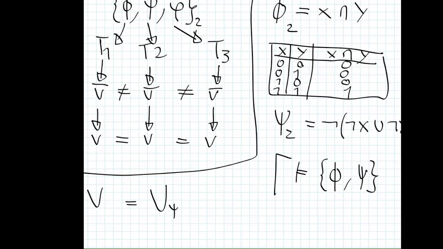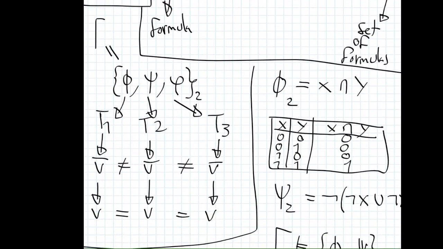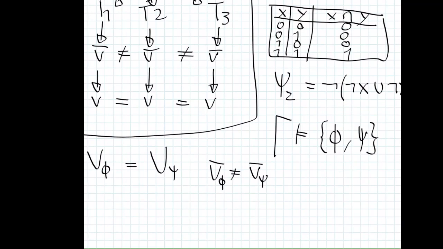But the same is not true for the semantic valoration between them. They are not equal in semantic terms. So in valoration terms they're equal, in semantic terms they're not. So yeah. Semantic consequence. Groups of formulas and valorating formulas. That's how you do it.